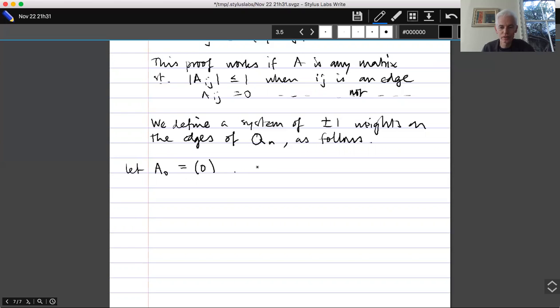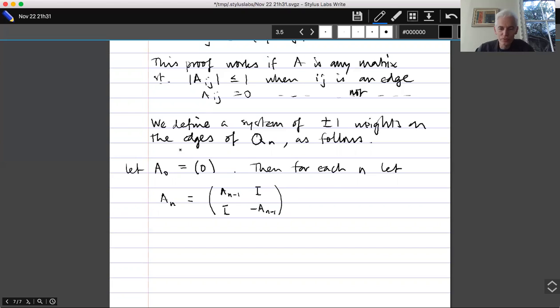And then for each k, let ak, actually we'll call it n, let an be the matrix with an minus 1, identity, identity, minus an minus 1.